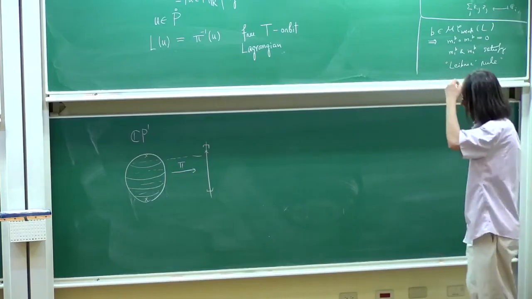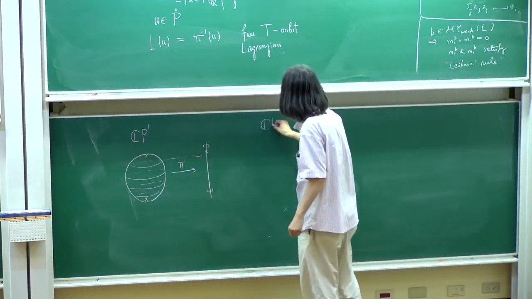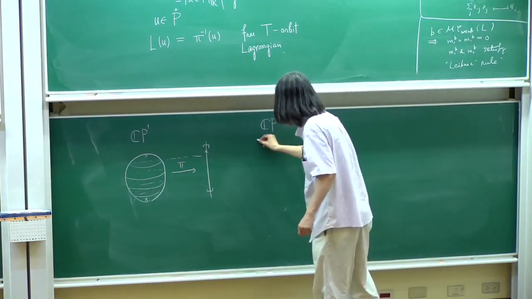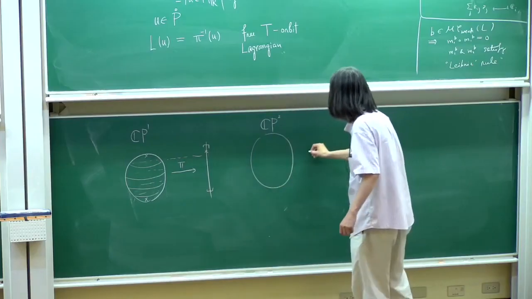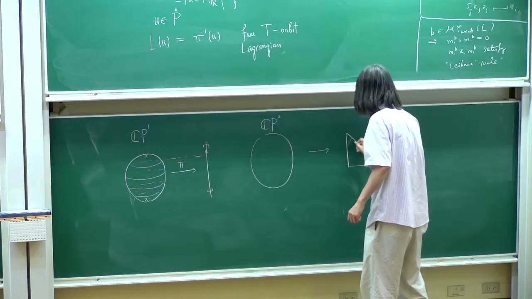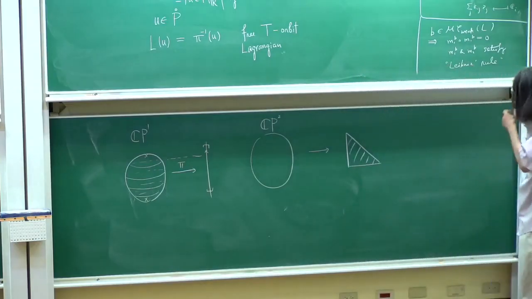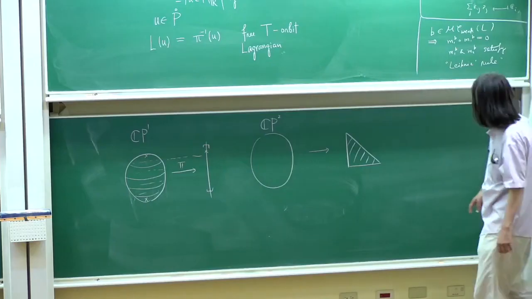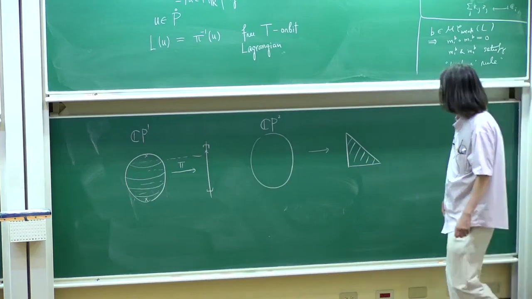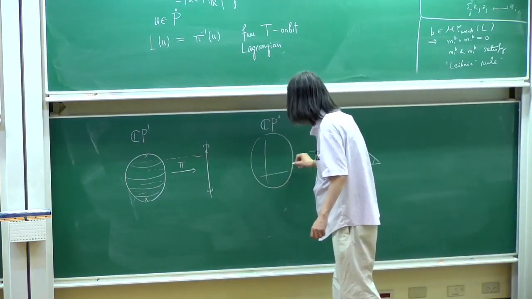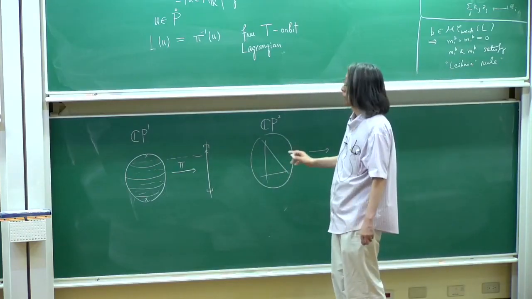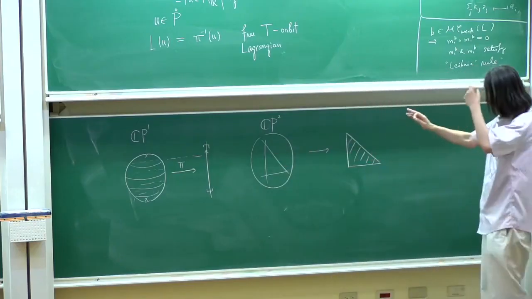And CP2, I cannot really draw a similar picture, but somehow like this. This is mapped to this kind of triangle, and these three faces correspond to three lines here, like z_0 equal to 0, or z_1 equal to 0, or z_2 equal to 0.